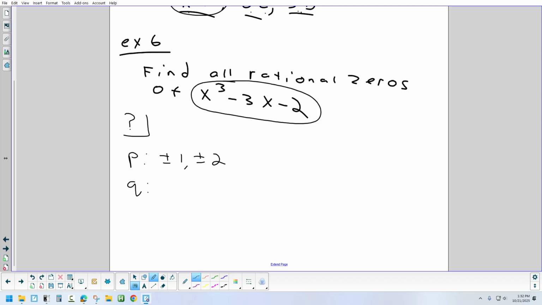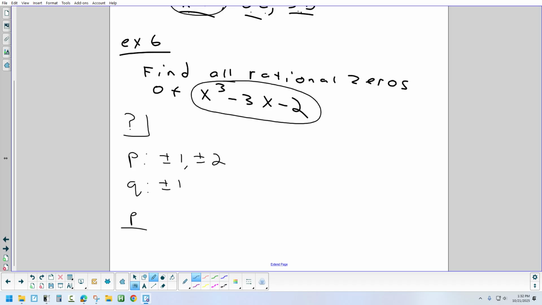Plus or minus 1, plus or minus 2. How about Q? What are all the factors of the leading coefficient? Yeah. Plus or minus 1. Right, plus or minus 1.